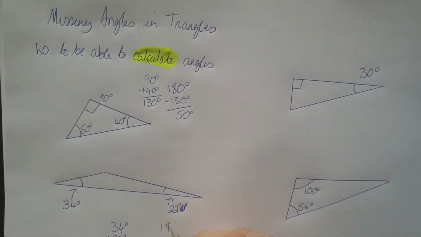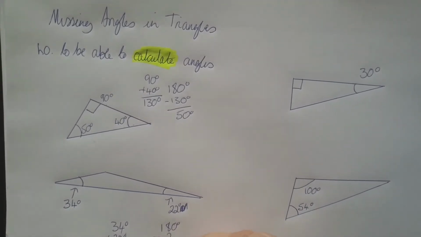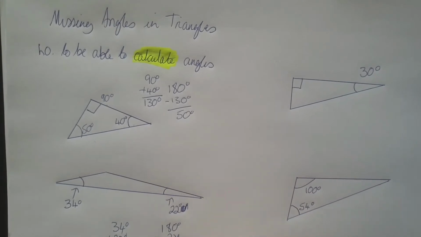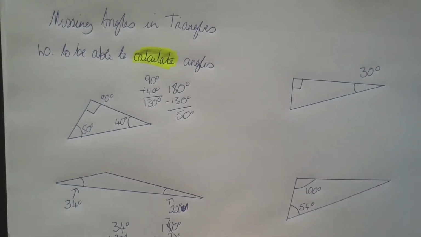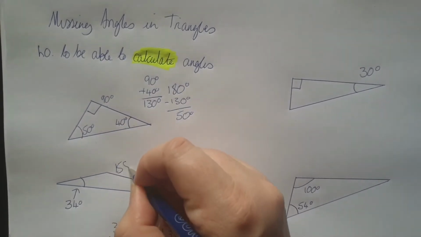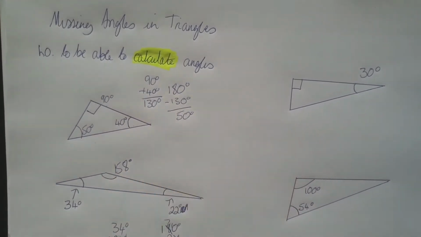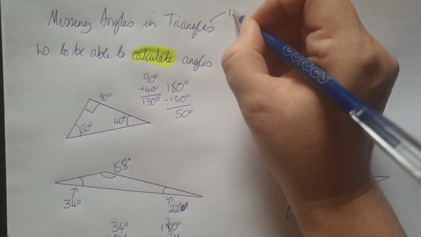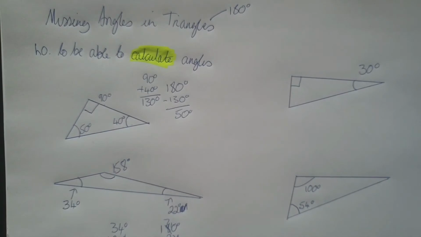We're then going to take the 180 and we're going to subtract 22 from it. That gives 158 degrees.